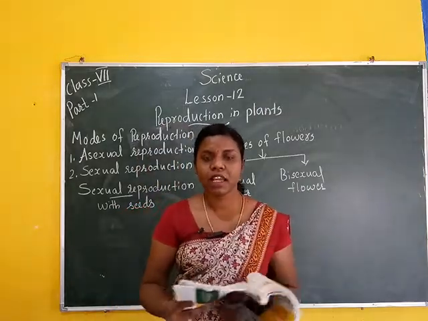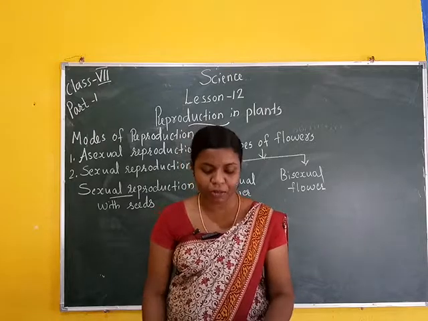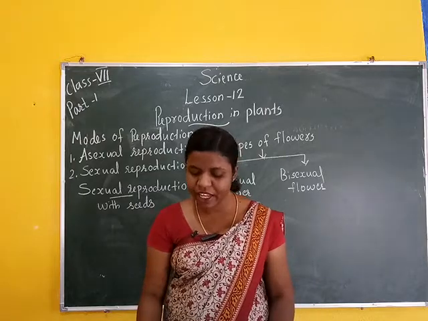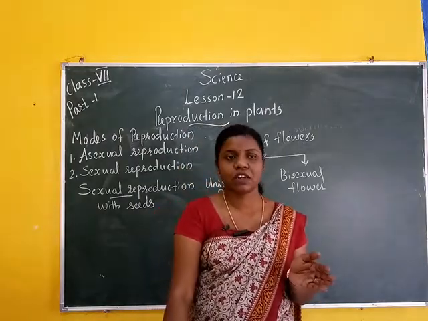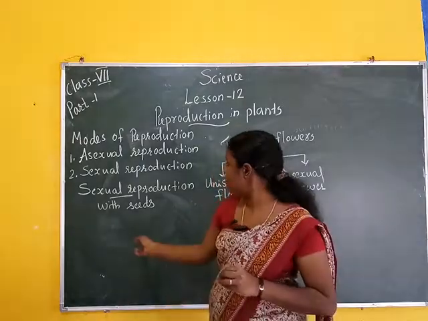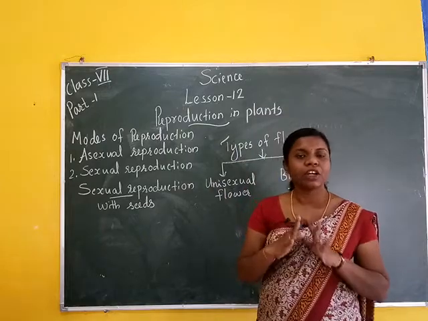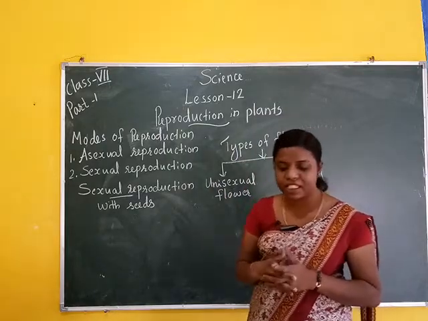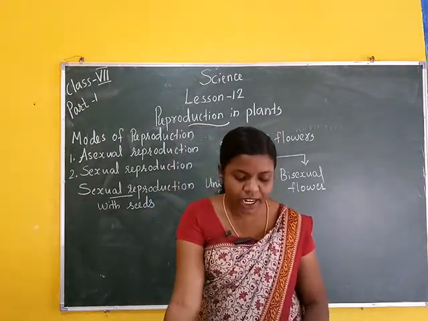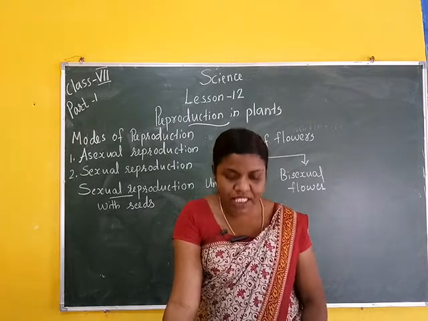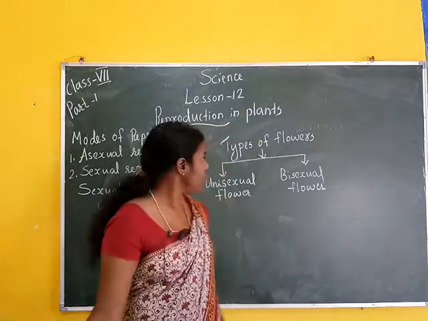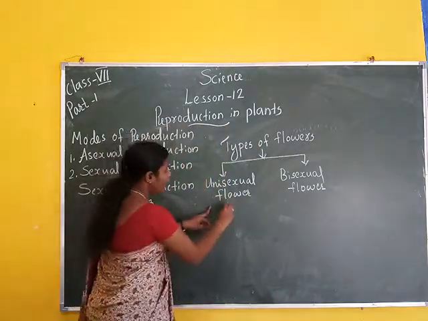Flower is the important part of our plant, because flower is the reproductive part of the plant. Then types of flowers. Flowers are of two types: unisexual flowers and bisexual flowers. Unisexual flower means the flower contains either only the pistil or only the stamens.